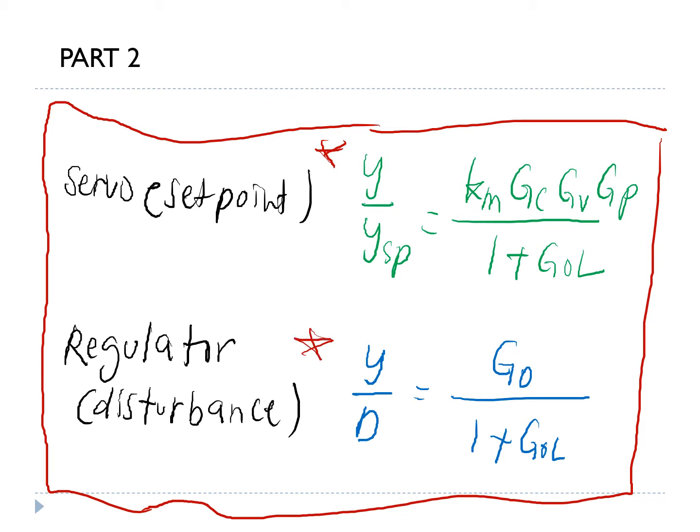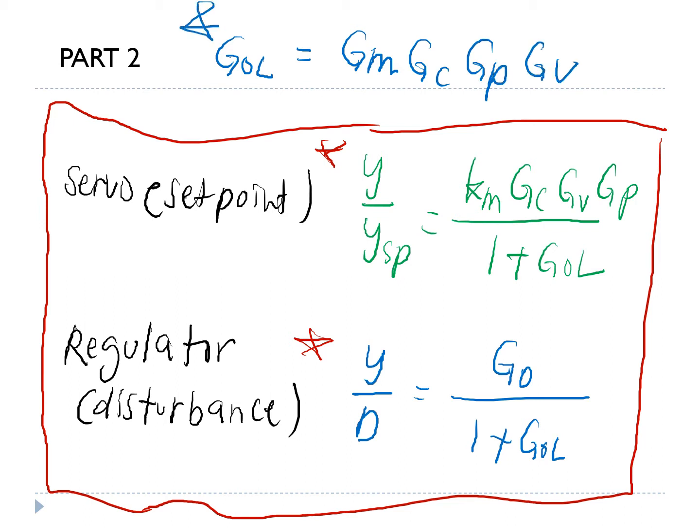Okay, and you know that GOL is what? GOL is the transfer function of the open loop, which is equal to GM, GC, GP, GV. So this is GOL.